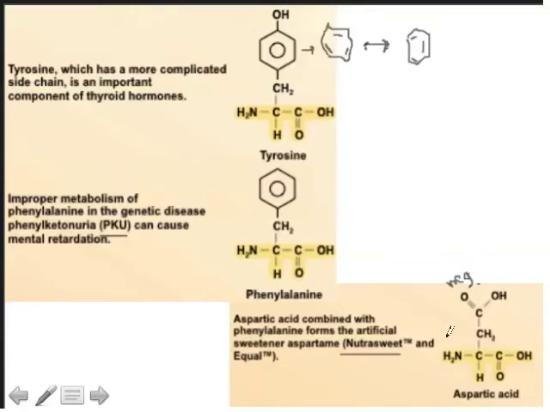In NutraSweet, it's the covalent bonding between phenylalanine and aspartic acid that produces aspartame, and that's the artificial sweetener. It's kind of an unusual dipeptide, though, because it does not feature a peptide bond in the traditional sense.